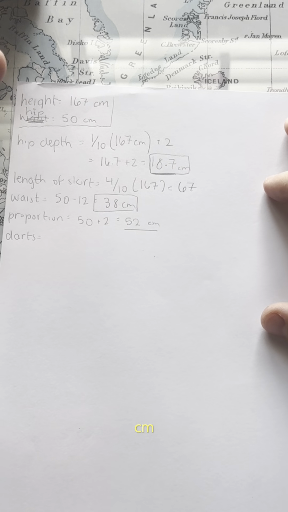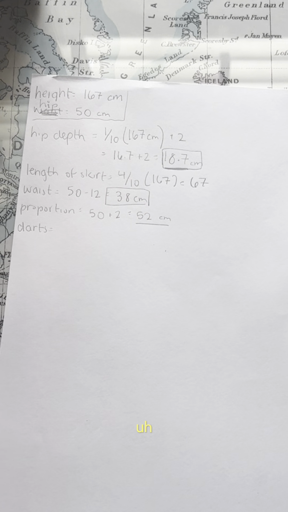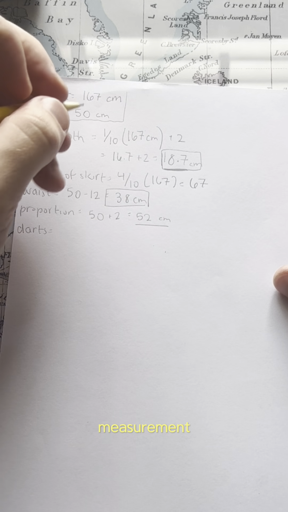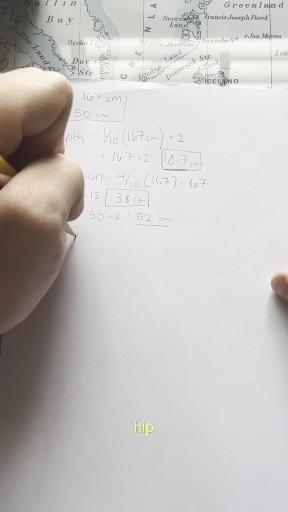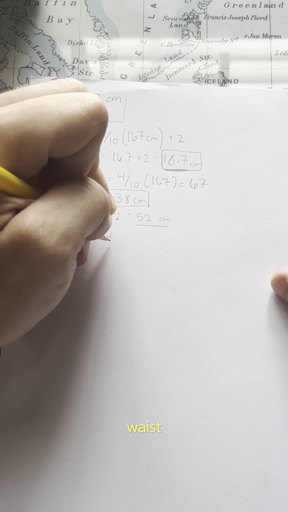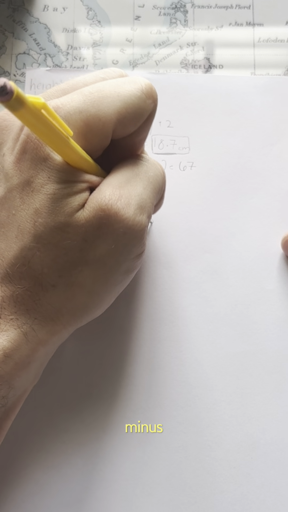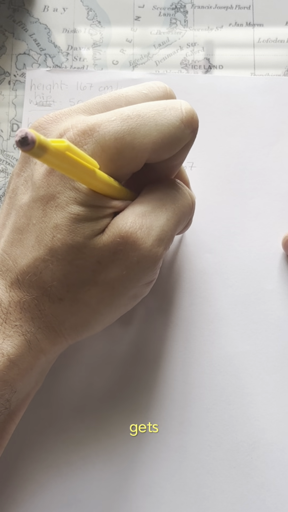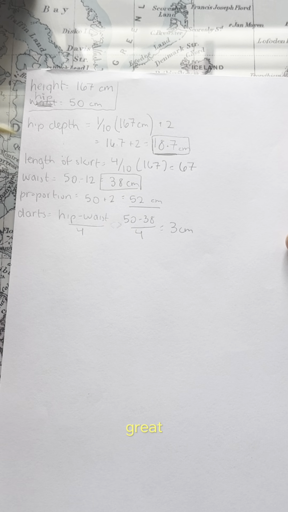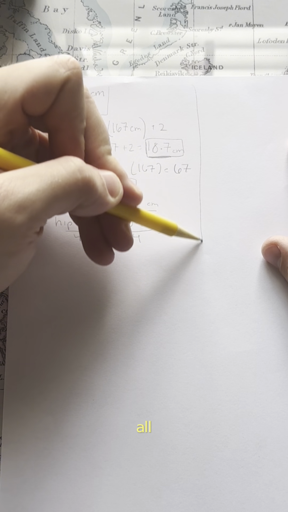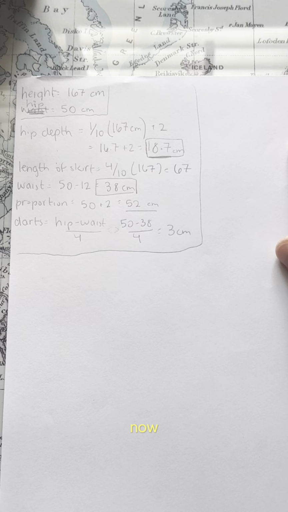A dart is typically about 3 centimeters, but you can modify that how you want. Typically how we get the measurement of a dart is hip minus waist over 4. So 50 minus 38 over 4, which gets us 3 centimeters. Great. So once we have all of these measurements, we can now make our pattern.